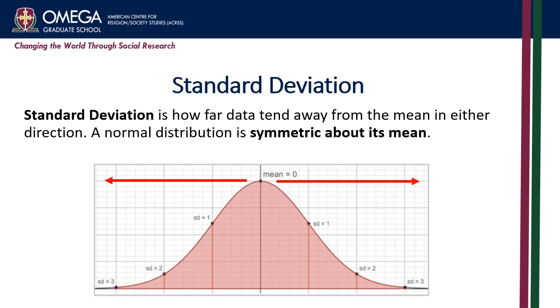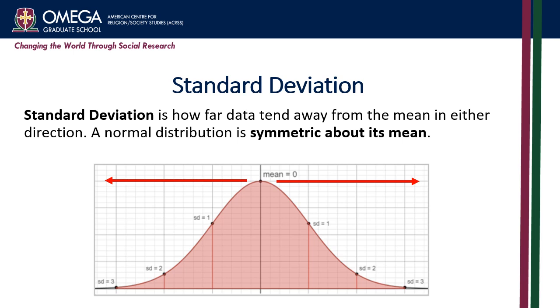Then we move further to the left, and two standard deviations. We have about the same number of data points which are 2 standard deviations away from the mean as we do that are 2 standard deviations positive from the mean, and so on and so forth. In this particular case, the mean is at 0, and we can see 1 standard deviation to the left, negative, 1 standard deviation to the right, positive, 2 standard deviations to the left, negative, 2 standard deviations to the right, positive, 3 standard deviations to the left, negative, 3 standard deviations to the right, positive.